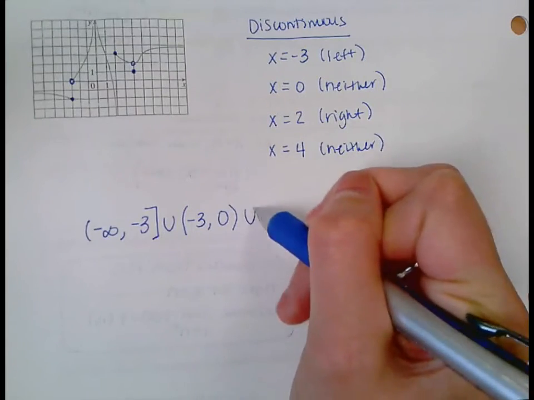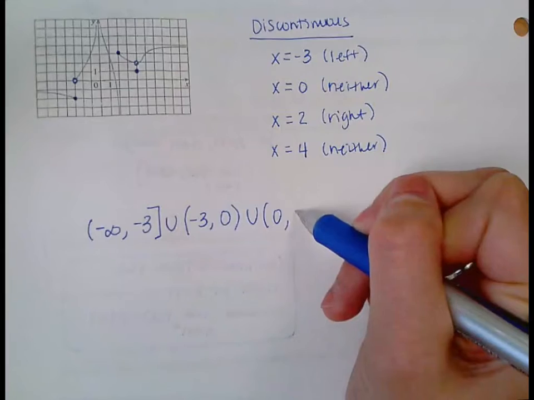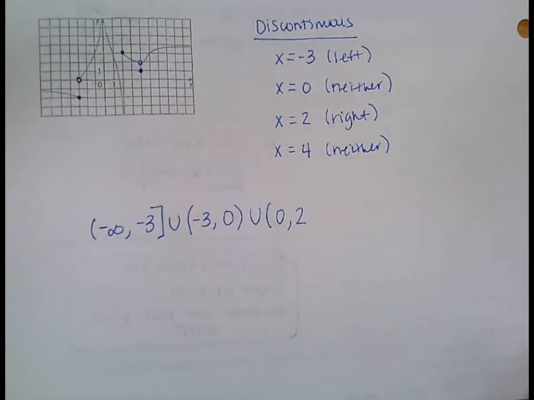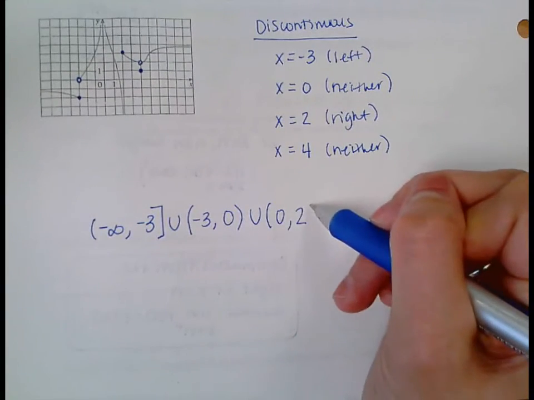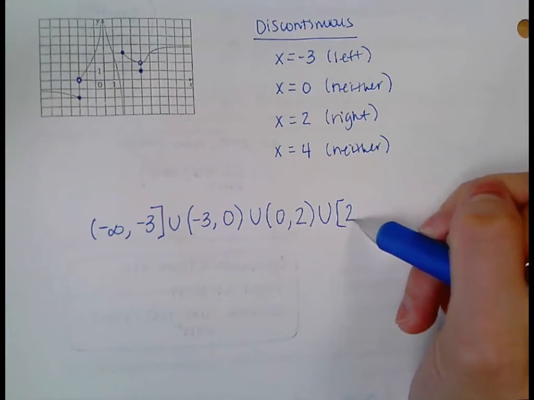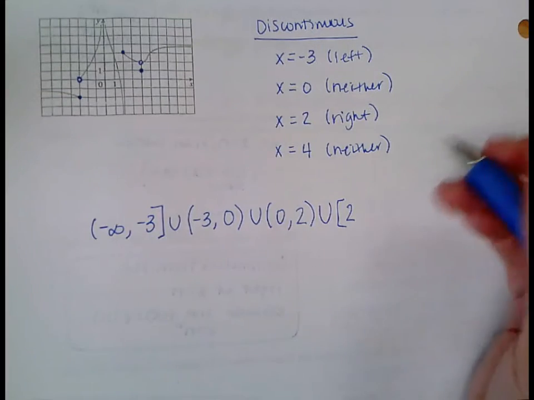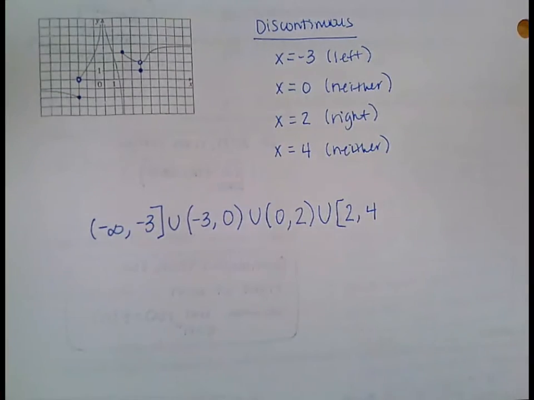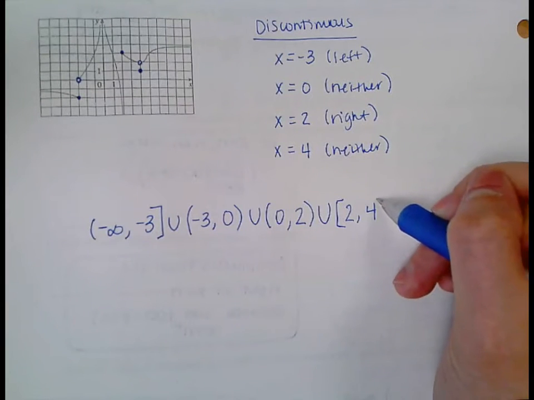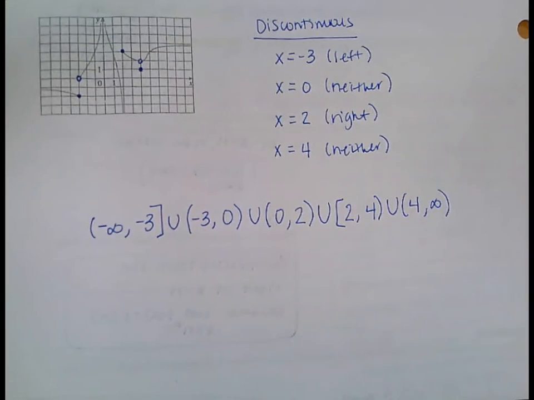So both sides of 0 should have parentheses. 0 up to 2, 2 is continuous from the right. So I would have 0 to 2 in parentheses, union, and then the second interval that includes the 2 would start with a bracket. And then 2 to 4, 4 is not continuous from either side, so parentheses on each side. And then it ends with 4 to positive infinity.